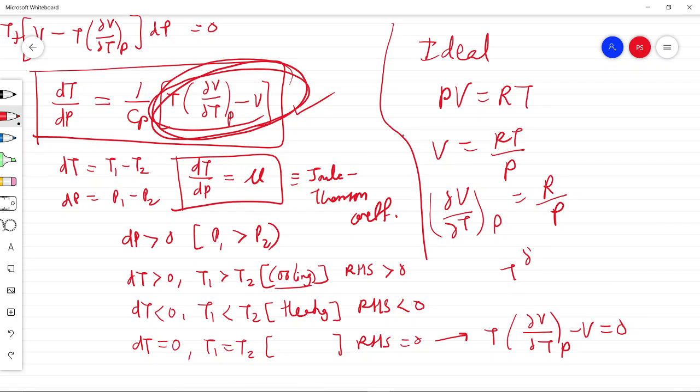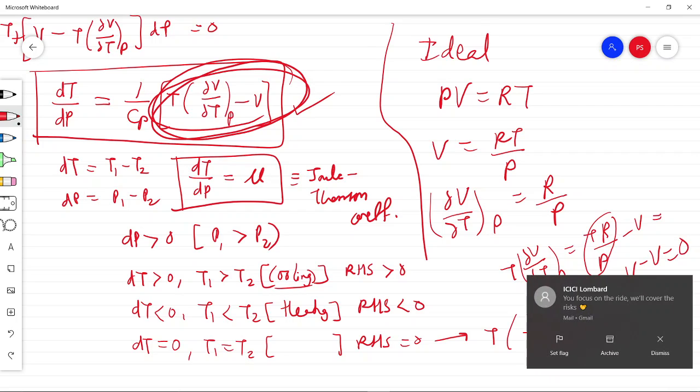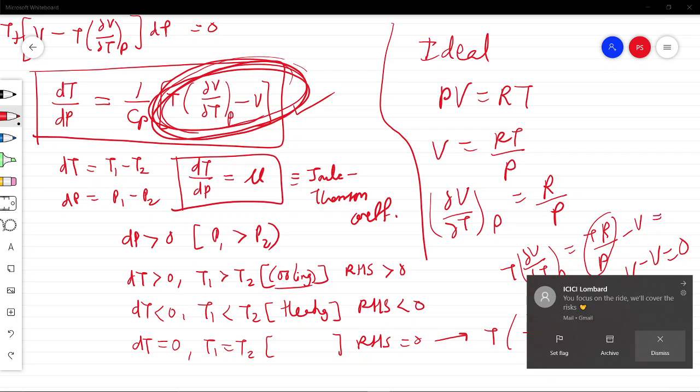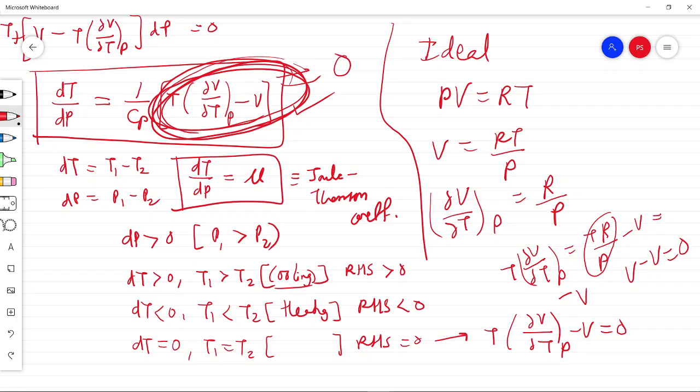So T ∂V/∂T at constant pressure is T into R/P, which is V. So this minus V, V minus V, is equal to 0. So this factor in the square bracket is 0 for an ideal gas.